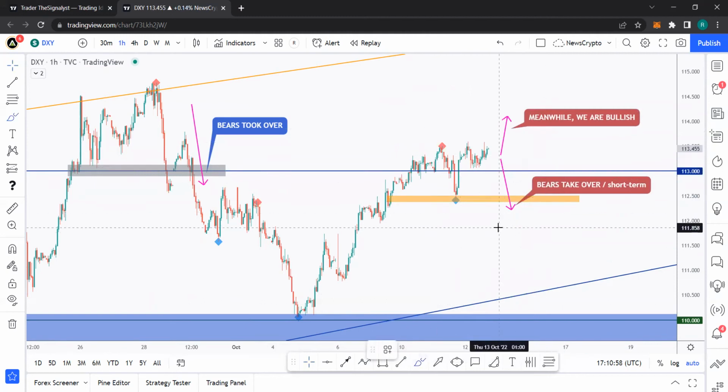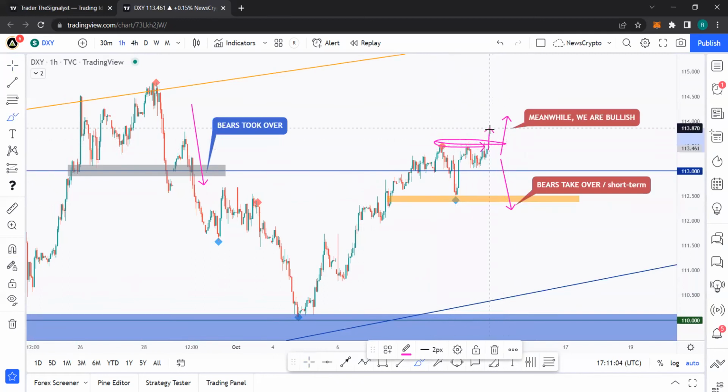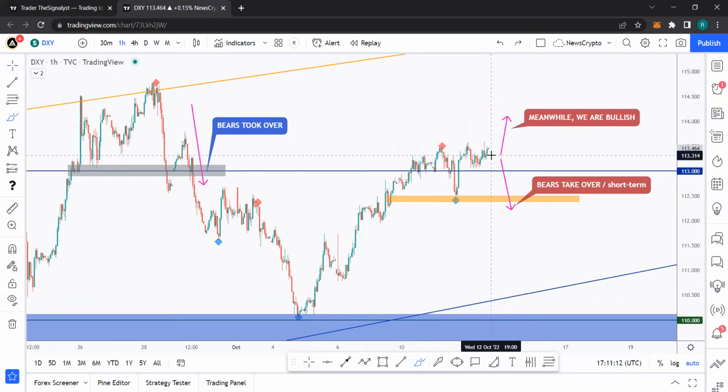Now let's see what the news will bring us. If we break above these highs, and of course a daily candle closes above this area, we'll be expecting further bullish movement. If we reverse from here and the FOMC is bearish for the XY, we'll be seeing this movement.